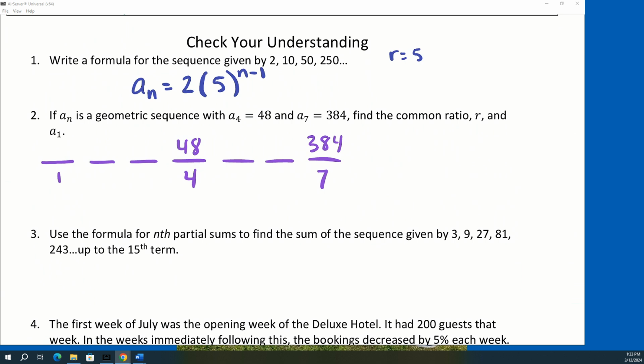All right, so if I go from the fourth to the seventh, I'm going to multiply by an r, and then another r, and then one more. So 48 times r times r times r is going to be 384.